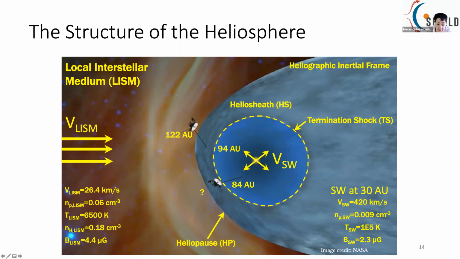What is interesting is that the neutral density in the ISM is an order of magnitude higher than the ionized component. It's 0.18 particles per cubic centimeter. So this is a partially ionized interstellar medium where most of the density is not in the ionized component, but in the neutral component. This is interesting in itself.